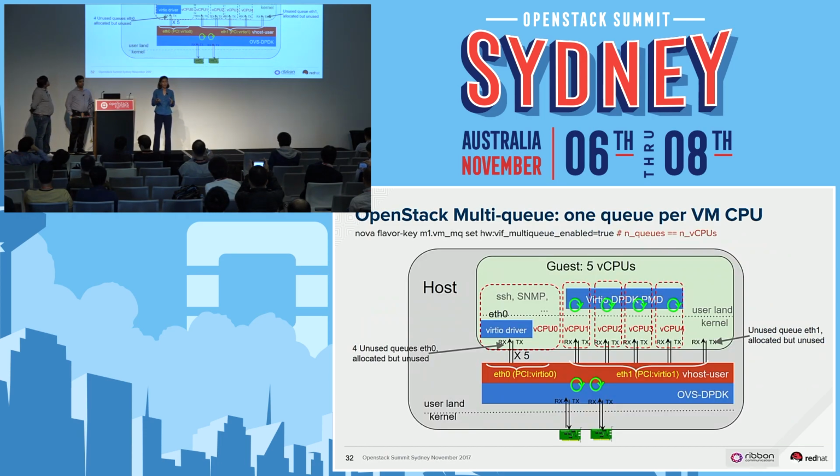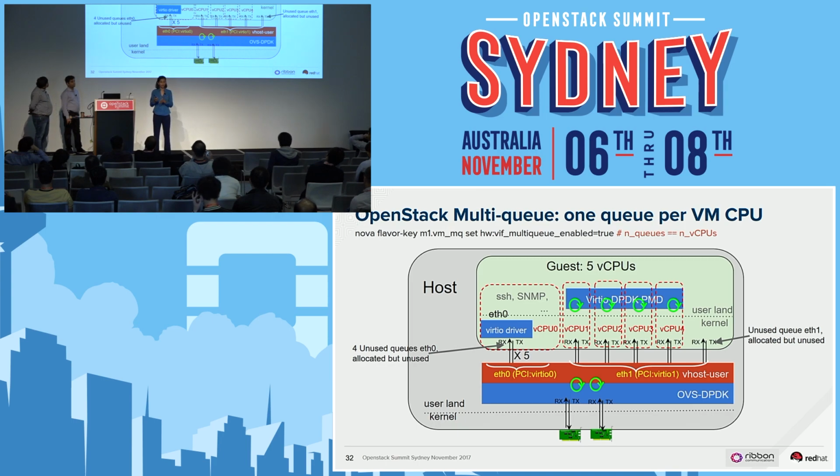So in OpenStack, when you do multi-queuing, you typically have 1 queue per VM CPU. In the example that we had earlier, we have a guest with 5 vCPUs. In this case, there are 2 virtual Ethernet ports, ETH0 and ETH1. ETH0 on the left has only 1 queue being used because it's control plane only.